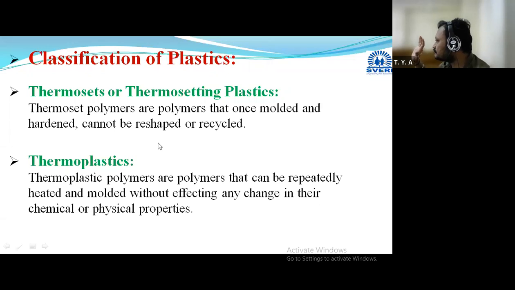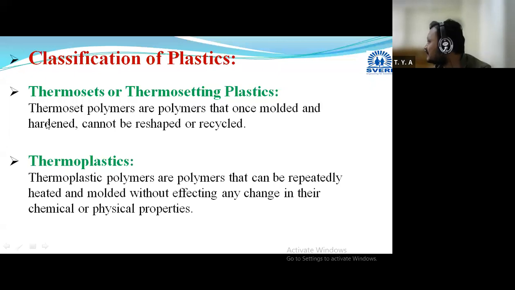You have to provide the heat and it will be cured, means the desired shape and size will be given. Then you cannot change its shape again. Only once it is possible. This is the basic difference. That kind of plastic materials are termed as thermosets or thermosetting plastics.